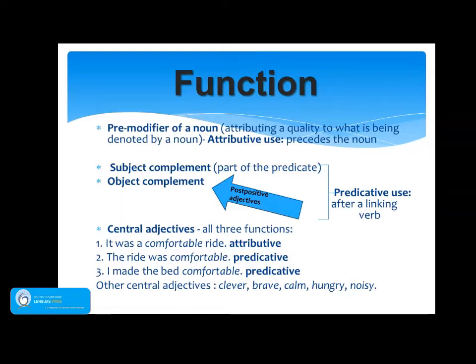And because they are in the predicate, we say that they have a predicative use, and that is another classification of these adjectives, predicative adjectives.